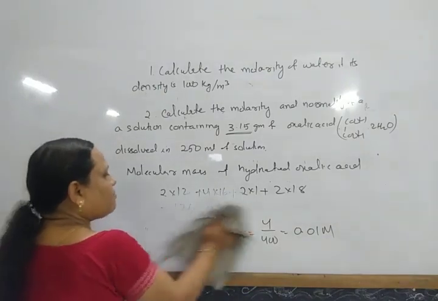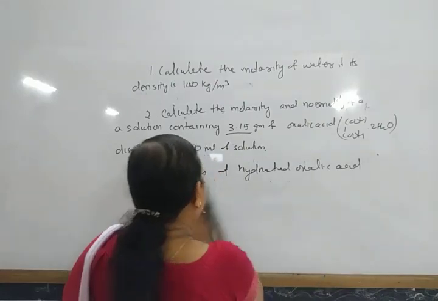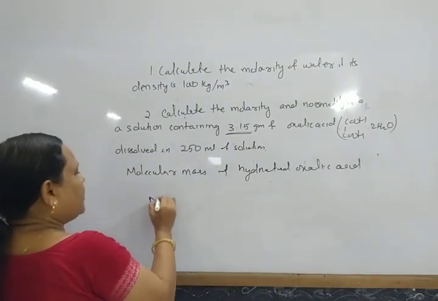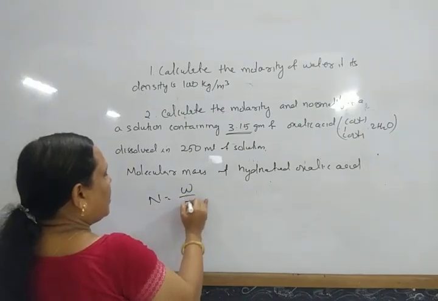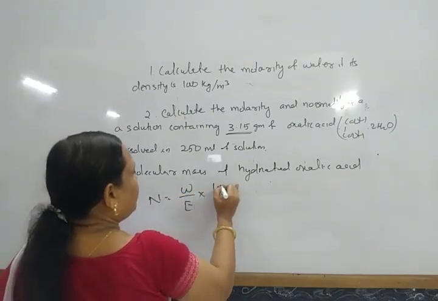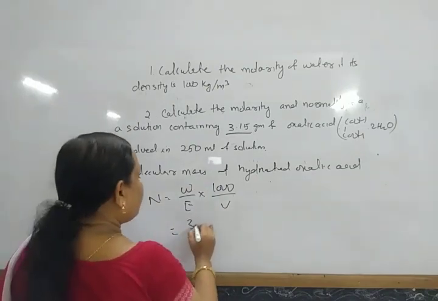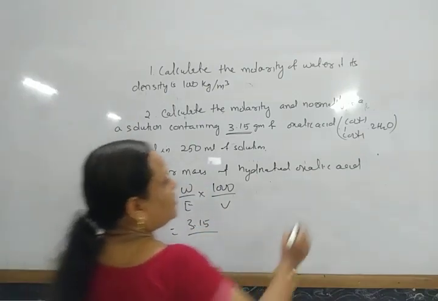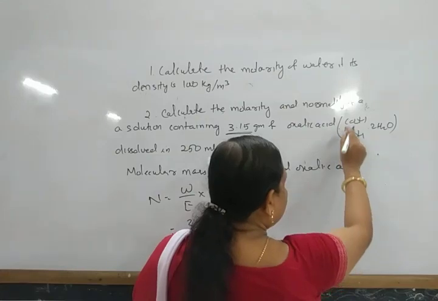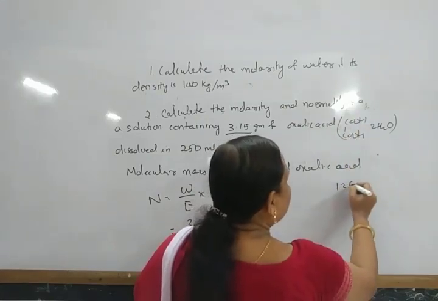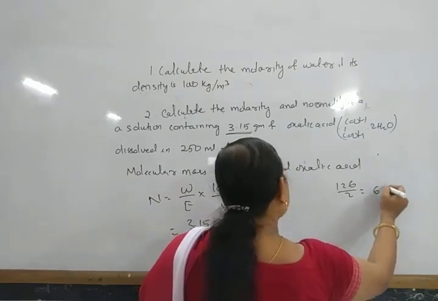Normality equals weight by equivalent mass into 1000 by volume. Weight given is 3.15. The molecular mass is 126, and the basicity is 2, so the equivalent mass is 126 by 2, that is 63.